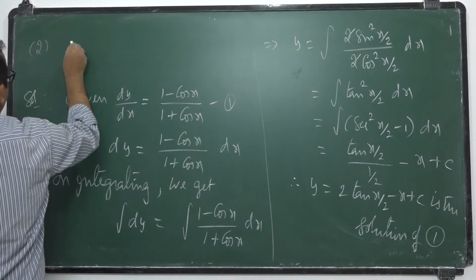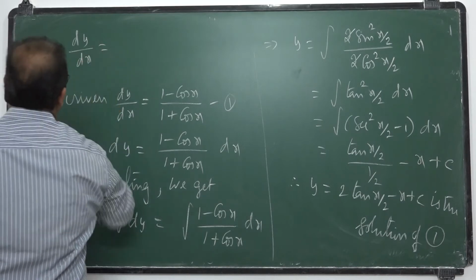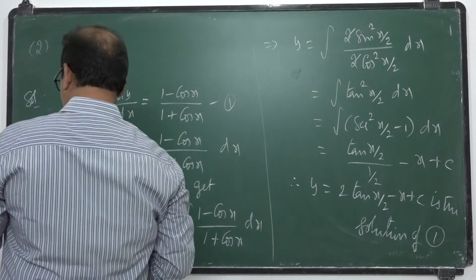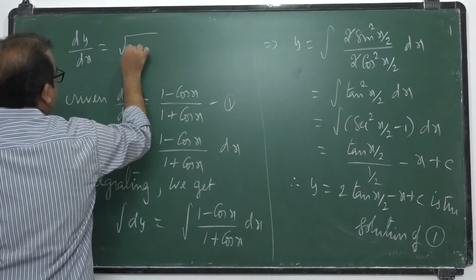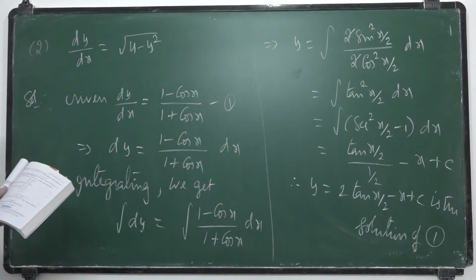Second problem. dy by dx is equal to square root of 4 minus y square.